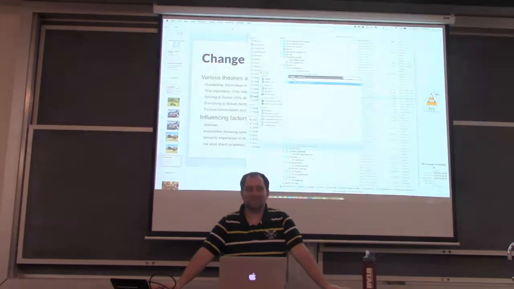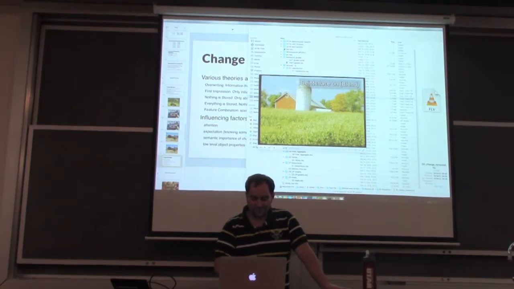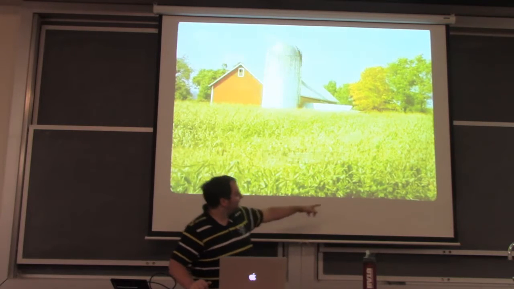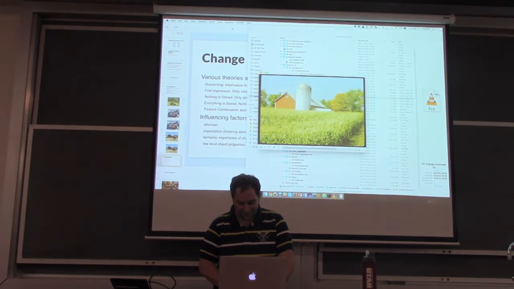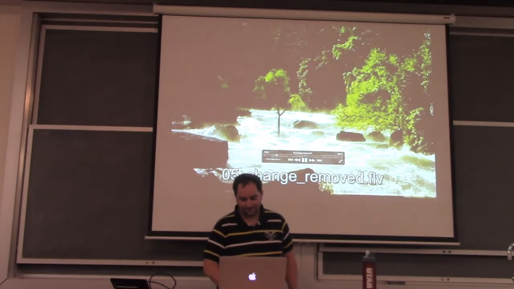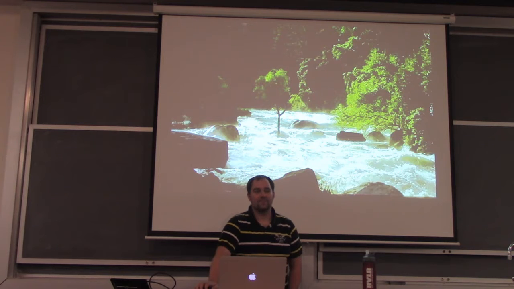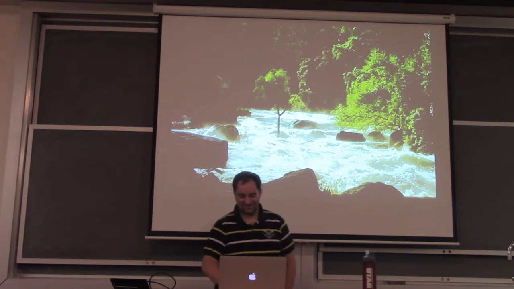Three, four more. So what has changed? Shadow. Yeah, so somebody has actually mowed here, if you look closely. Such a gradual change is hard for us to pick up. Here's another one. A couple of people.